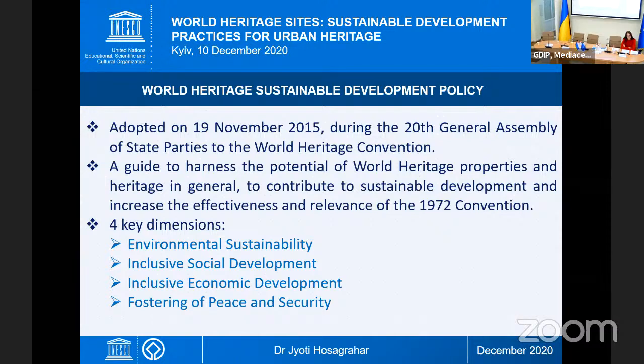It has environmental sustainability as one of the pillars, and then inclusive social development, inclusive economic development, and the fostering of peace and security. The idea of this policy was to look at the implementation of the 1972 Convention, so that the state parties consider these key dimensions, which reflect the concern for planet, people, prosperity, and peace as important agendas of the 2030 Agenda. All this was adopted just prior to the adoption of the 2030 Agenda, which happened in December of 2015.